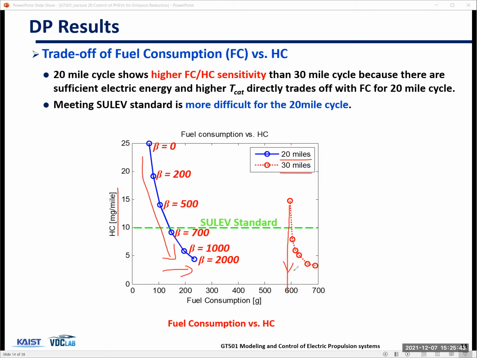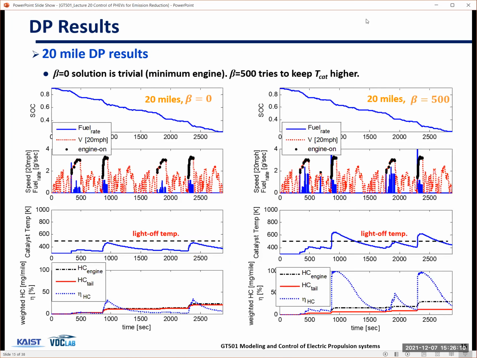And let's take a look at the detailed trajectory response for these 4 designs, okay? Beta equal to 0 and 500 in these 2. So in the case of 20-mile, this is the DP solution, direct DP raw data, okay?